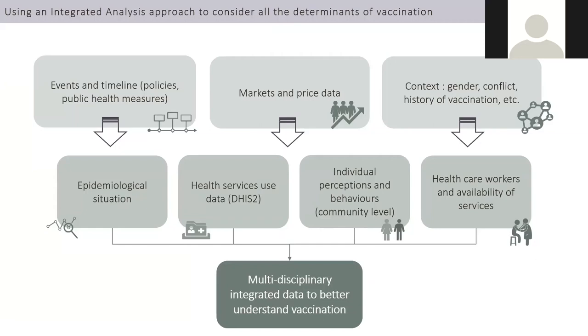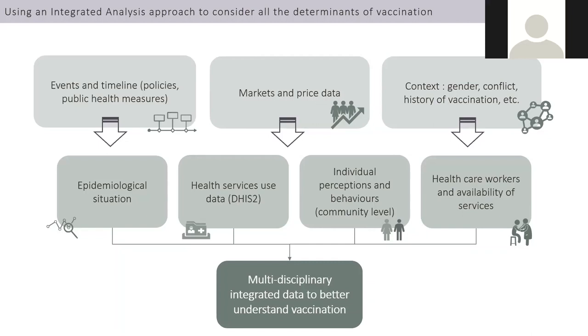So we look at epidemiological data and the epi situation overall. We look at data from the use of health services, as well as individual perceptions and behaviors, and healthcare workers' perception and availability of care. And we also look at the factors that might influence this data.